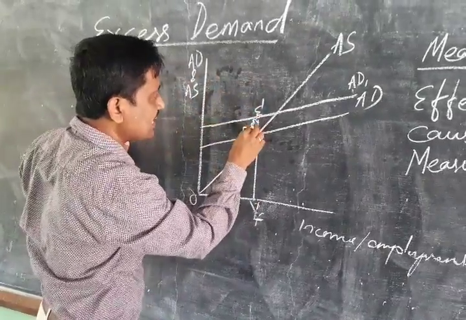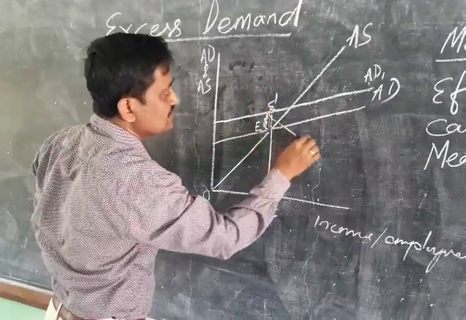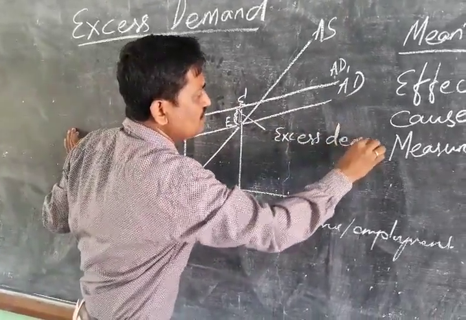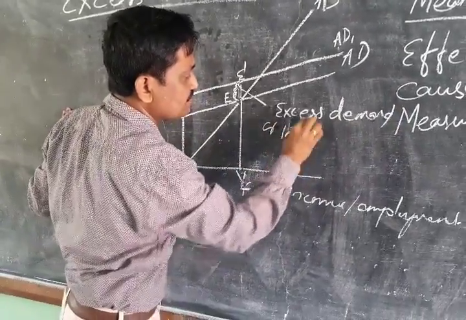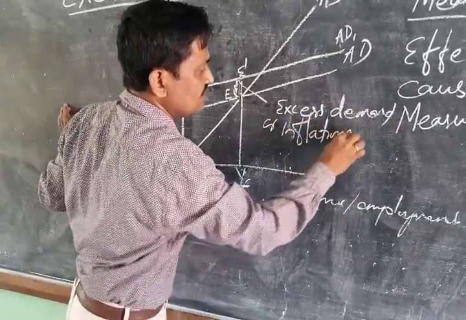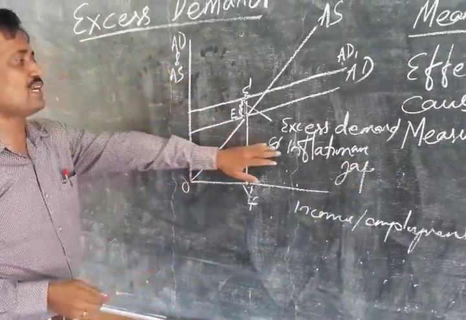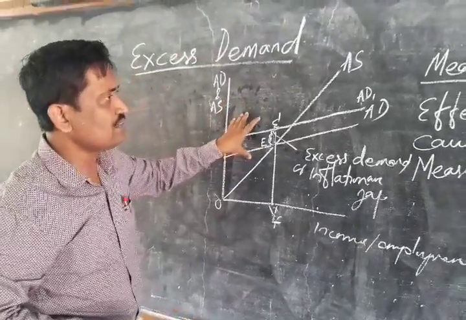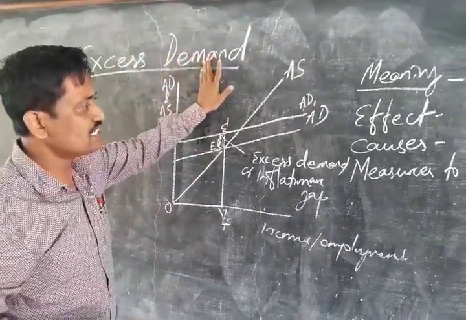This gap is called excess demand, or you may say this is the inflationary gap. So by this way you can explain the meaning of inflationary gap or excess demand.